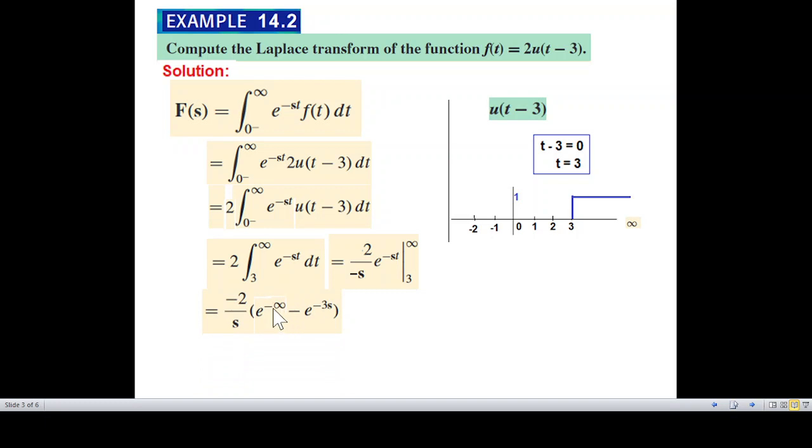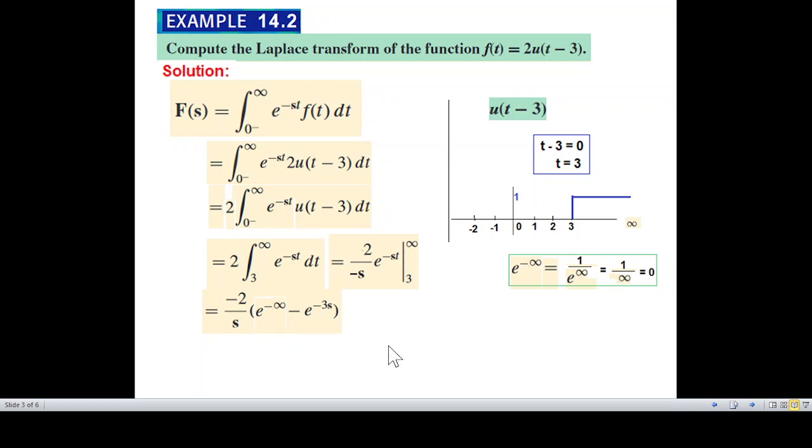Now plugging in the values of the limit, we get this relation. Now remember, e to the power minus infinity is 0. e^(-infinity) can be written as 1 over e^(infinity), and e^(infinity) will obviously be infinity. So 1 divided by infinity will be 0. That means e^(-infinity) will be equal to 0.